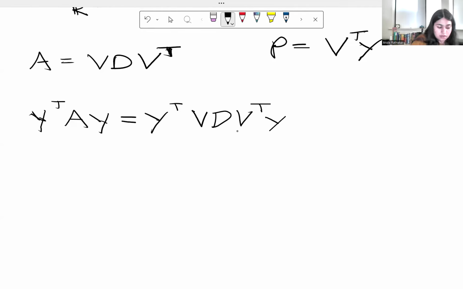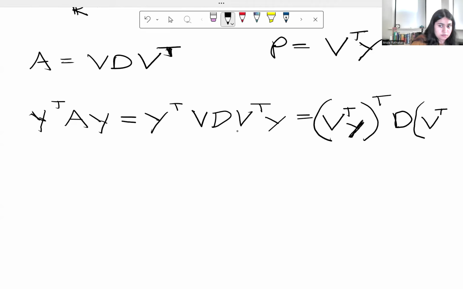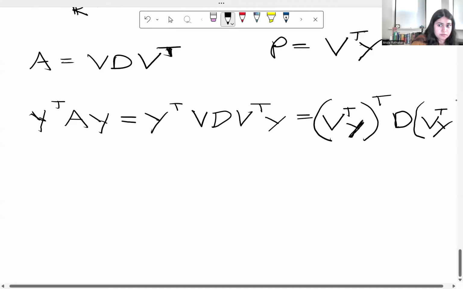And we can rewrite this whole thing as V transpose Y, whole thing transpose, D, V transpose Y. And this is our P in both of these things.